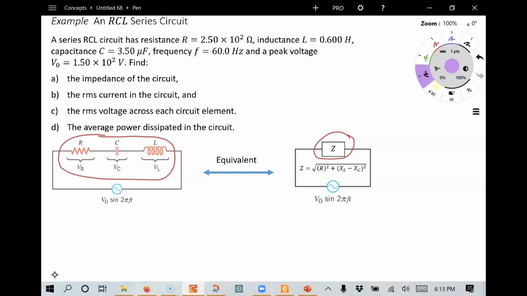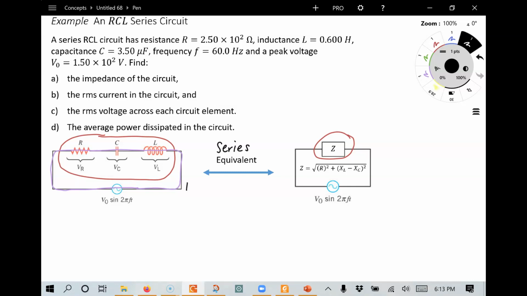Now, this is a series circuit. If you think about it, if we draw the current through the generator and through all of the circuit components, it's the same current that passes through all of them. So we can go ahead and replace these three elements with this single impedance. Because this is a series replacement, we know that all the currents have the same value.